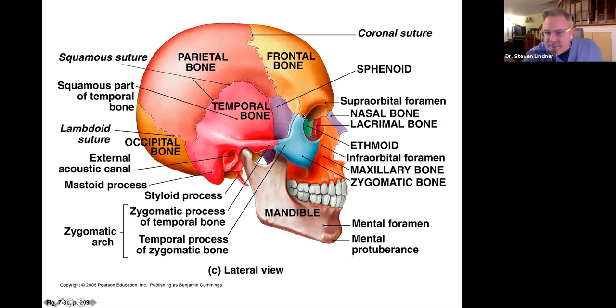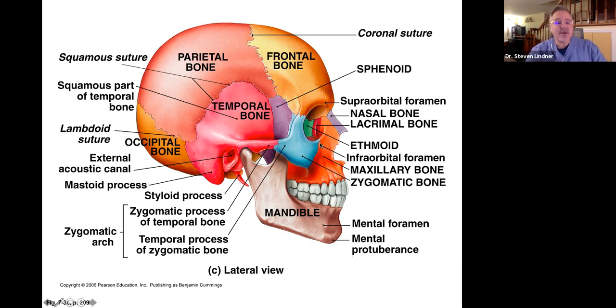Okay, above the eye orbit is another hole, and below the eye orbit is a hole. Remember, holes are called foramen. So above that is supra, meaning above; below it, infra, meaning below. So there's a supraorbital foramen, and then there's an infraorbital foramen.